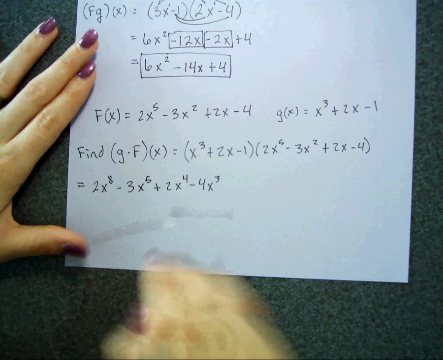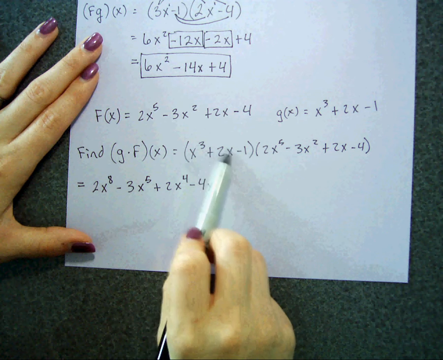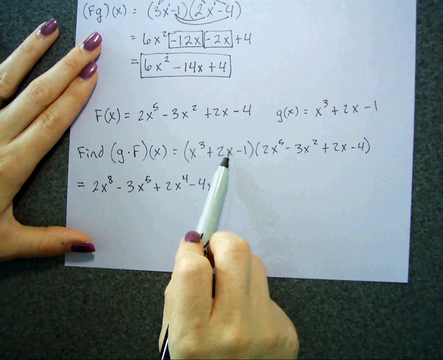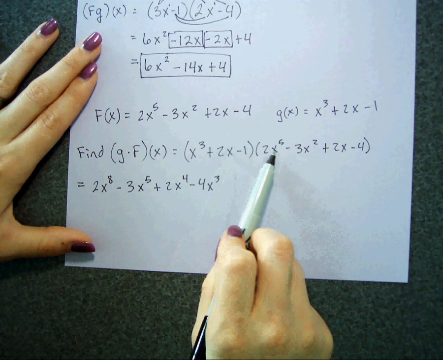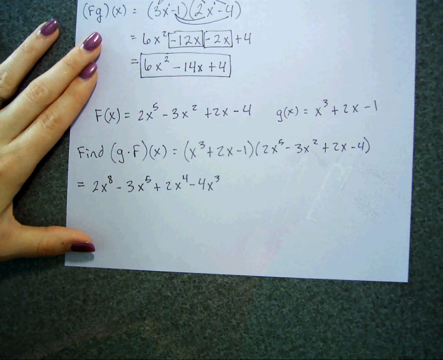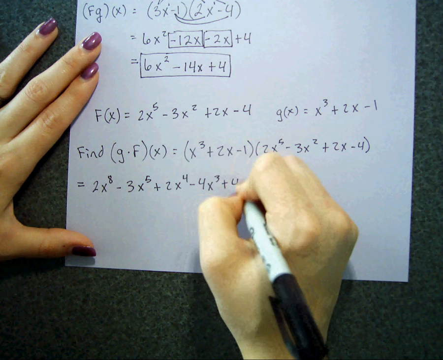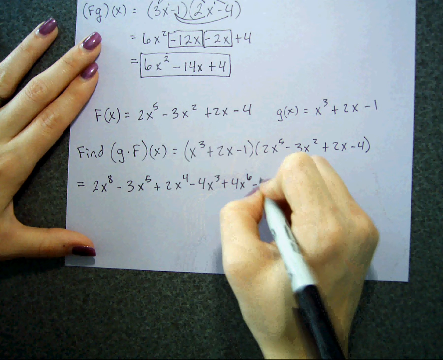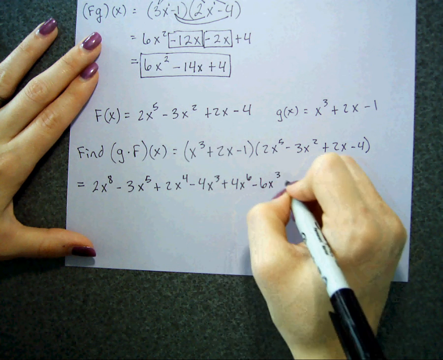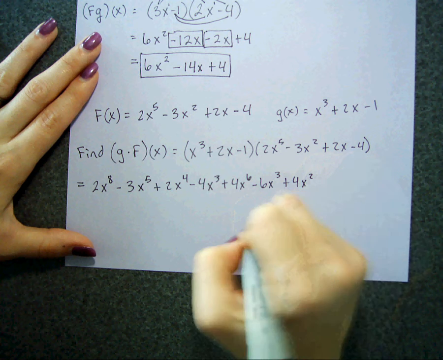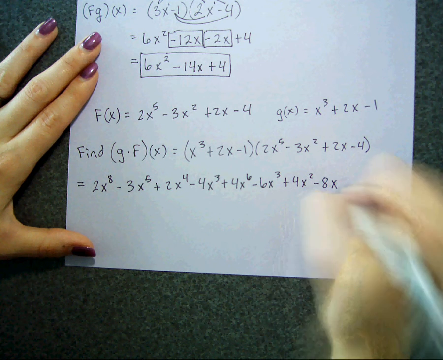Now I'm done with the x cubed, so I'll move to 2x, and I'll do the same thing. I'm going to multiply 2x times every term in the second set of parentheses. So I'll get positive 4x to the 6th, minus 6x to the 3rd, plus 4x squared, minus 8x.